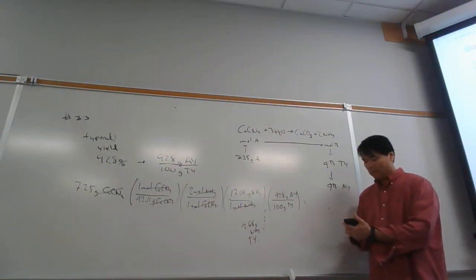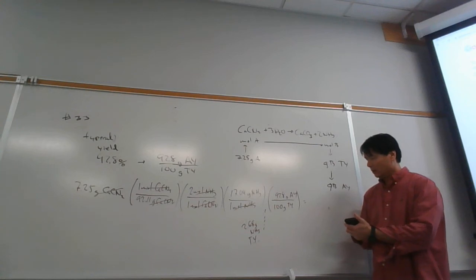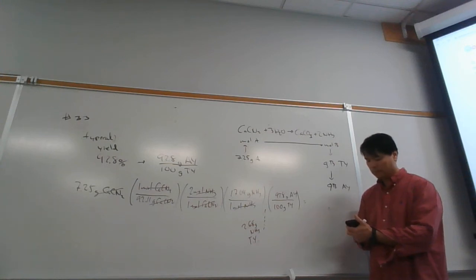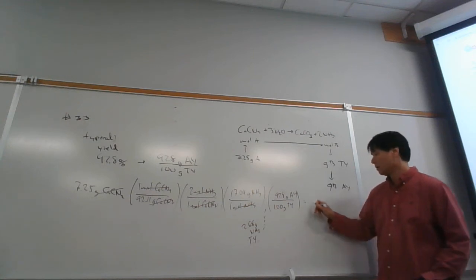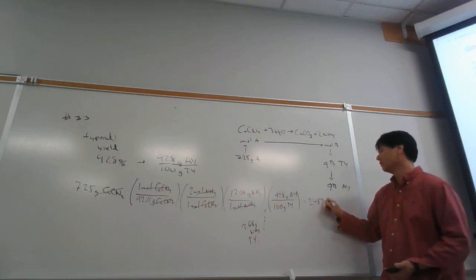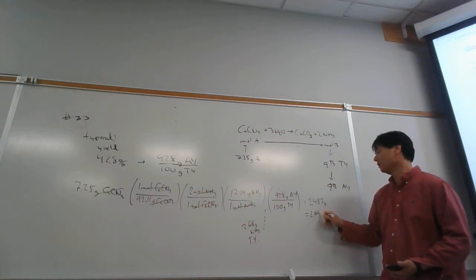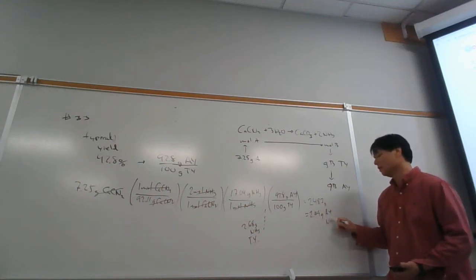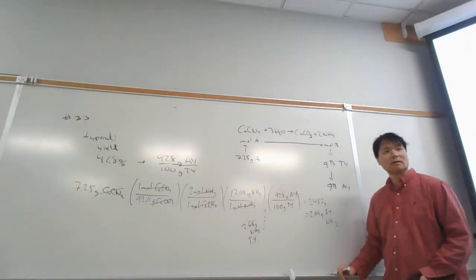And so what does it come out to? 2.487 grams, which comes out to 2.49 grams of actual yield for the ammonia. Is that what you guys got? Yeah.